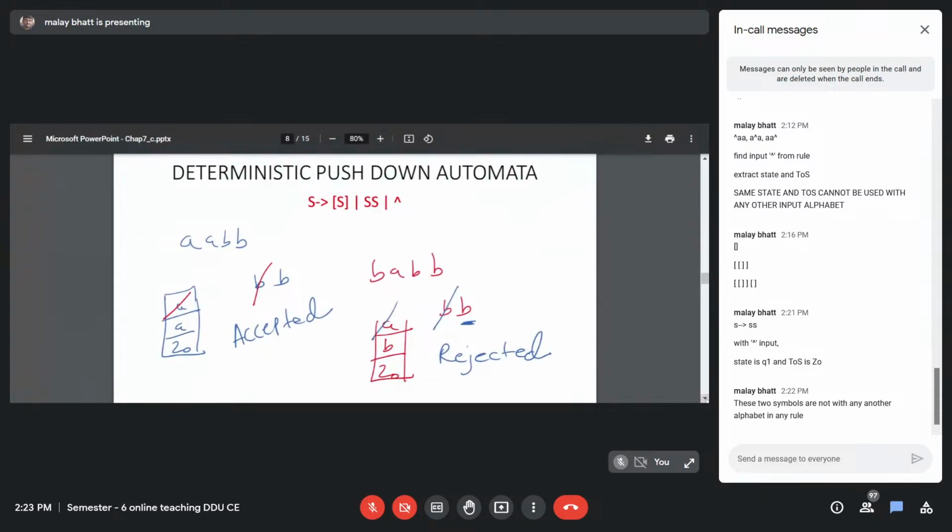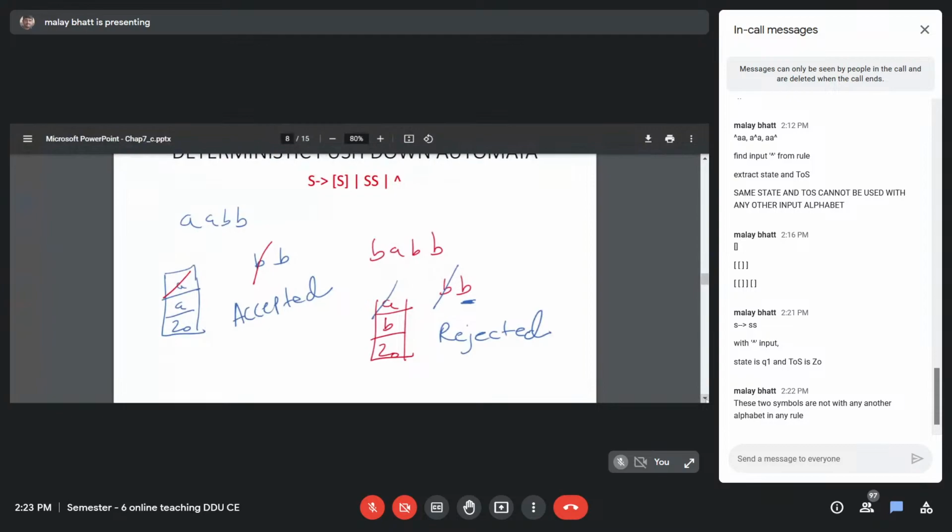So you can see here the example, right? If we treat the opening bracket as A and the closing bracket as B, let us assume that the opening bracket is A and the closing bracket is B. So we are able to push A on the stack. First, we'll push the second A. When the first B is encountered, the closing bracket will match with the opening bracket.